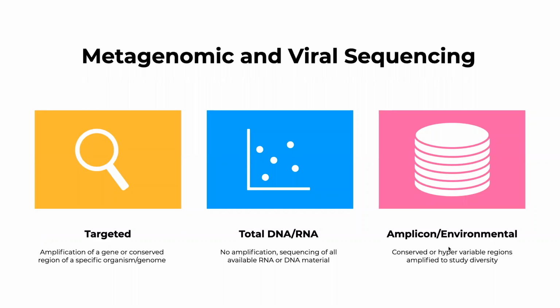And so what we can see there is really trying to look at hypervariable regions that all come from, for example, a bacterial 16S ribosomal RNA, and help us understand diversity and characterize the community of different bacteria. So we talked about those three types of sequencing methods.